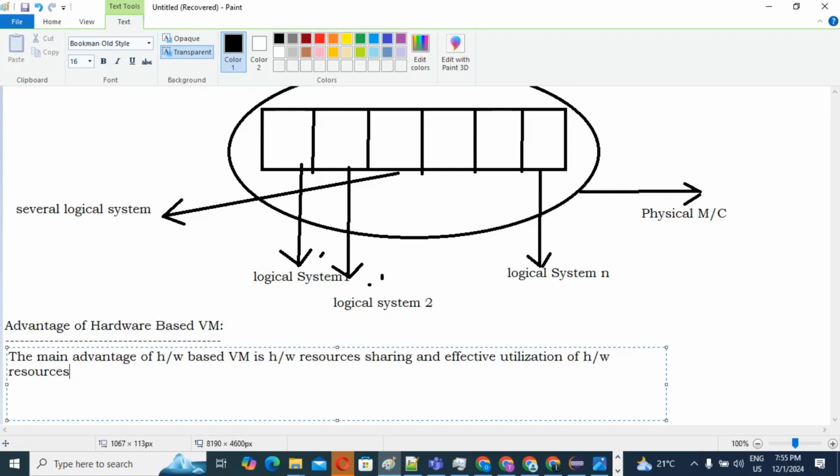That is the main advantage, the main benefit. The main advantage of hardware based virtual machine is hardware resources sharing and effective utilization of hardware resources.